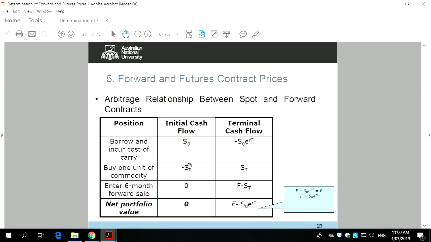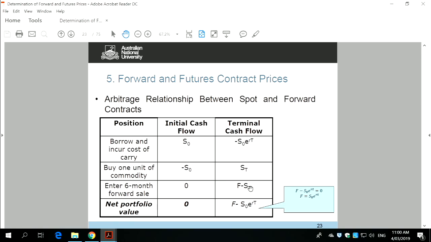So that gold value changed from S0 to ST. So ST is the final spot price. And then you use that unit of gold to fulfill your short commitment under the forward contract, right? So you commit yourself to sell at F, the capital F price, and F minus ST represents your payoff on that short forward.